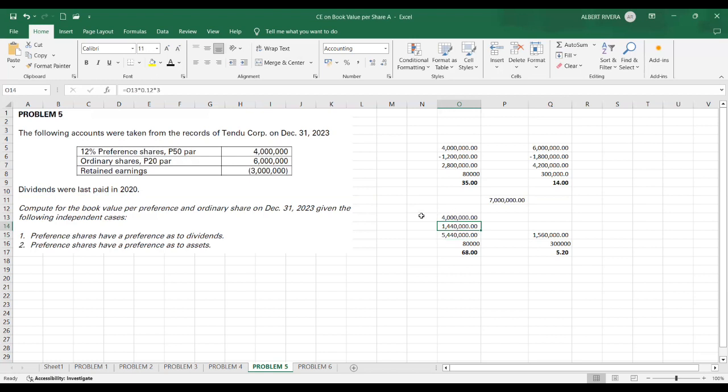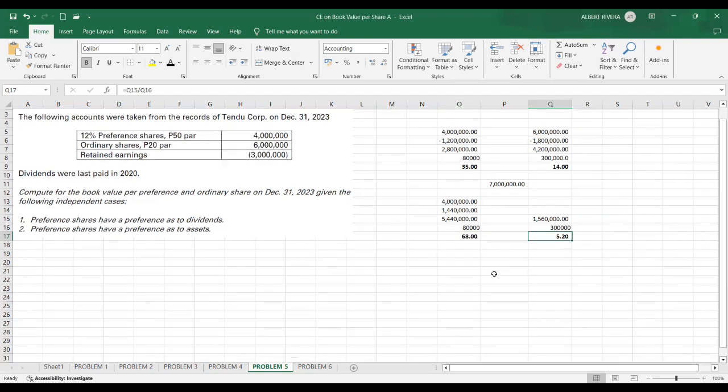So that is 4 million times 12% times 3 years. That is 1,440. And this is 5,440. Residual amount 7,000 minus 5,440 is 1,560 divided by the number of shares outstanding. So the answers here are 68 and 5.20.